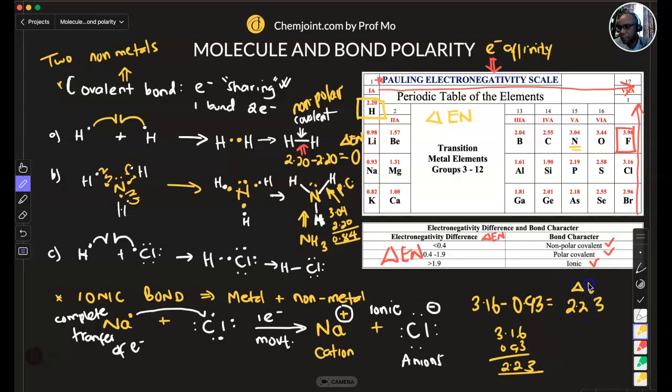That is the change in electronegativity difference. It's greater than 1.9, so we judge that the bond between sodium and chlorine is predicted to be ionic. That's the idea.